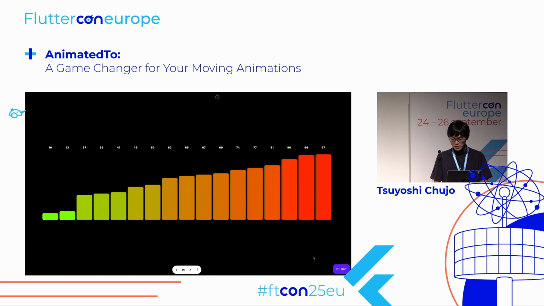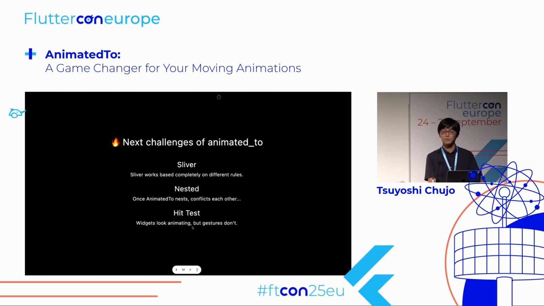Yeah. So I'm really glad if you are interested in this, and you will try this animated package after this session. But keep in mind that we have some problems not solved in the animated package. One is the sliver.